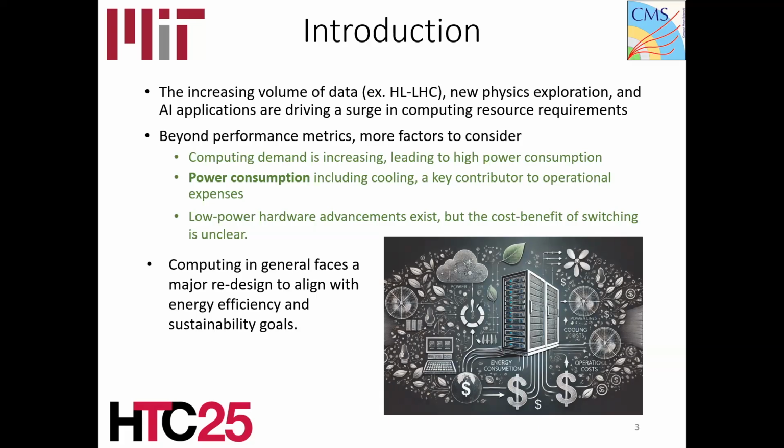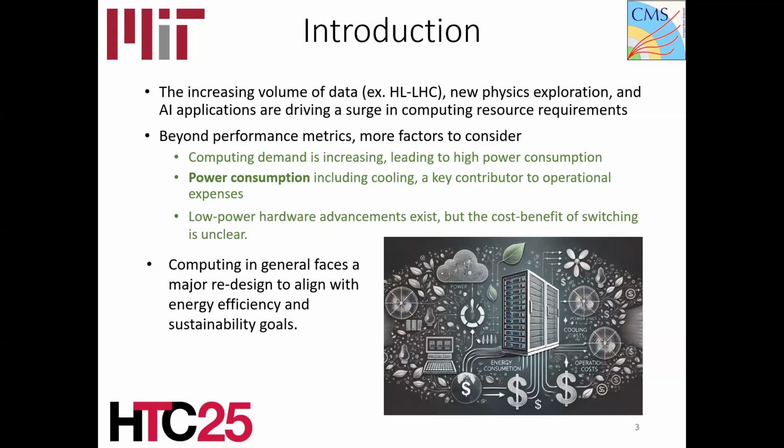So when we talk about the computing center, apart from the traditional performance metrics, there are more factors to consider. One of them is the power consumption, because this will also go much higher with the increased demand on the computing resources. And the cost of the power consumption has now become one of the key contributors to the operational expense.